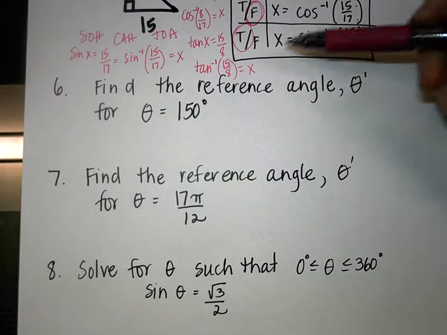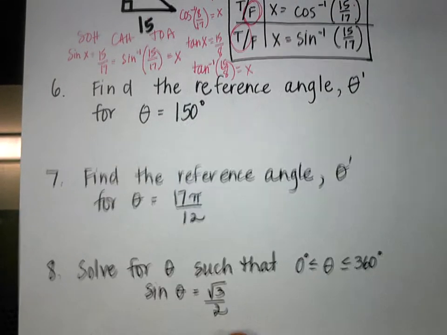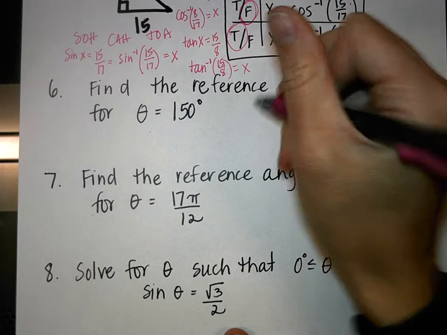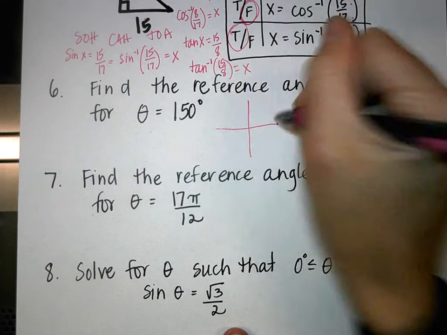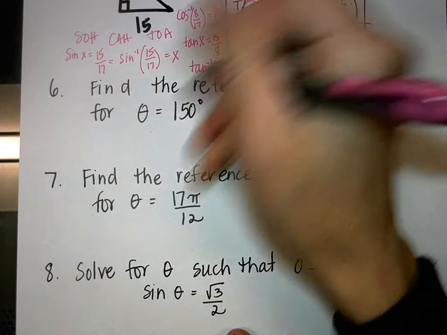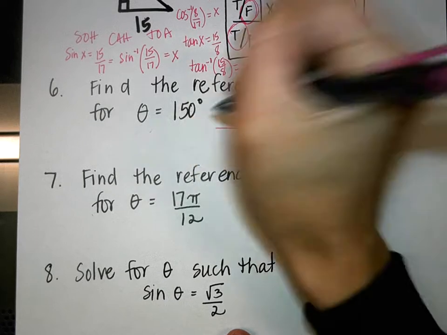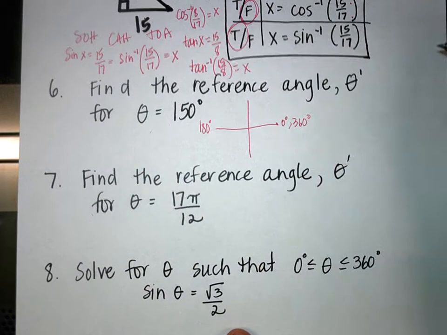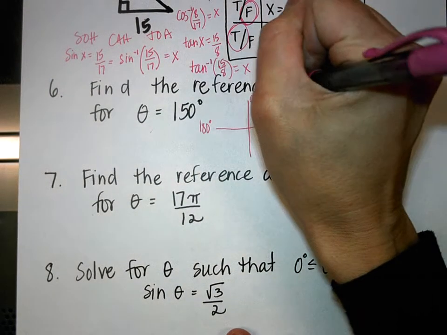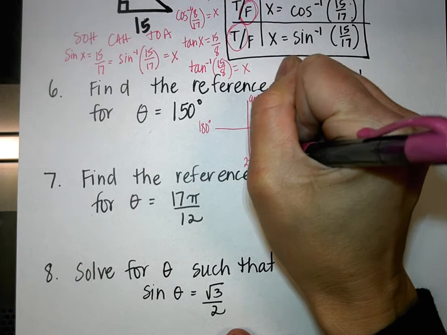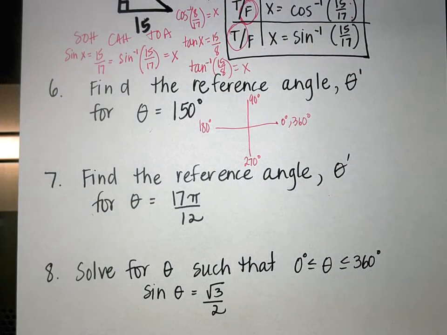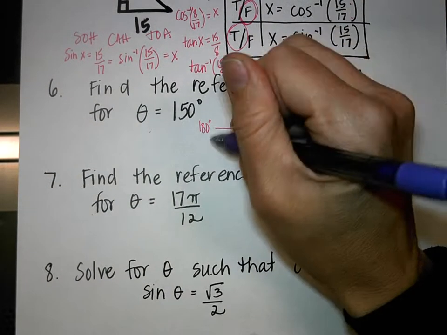Next, find the reference angle for 150 degrees. If we were to draw this, if we look at our coordinate plane, this is 0 degrees and 360 degrees. Over here, it's 180. Half of 180 up here is 90 degrees, and here at the bottom is 270 degrees. So 150 degrees is in between 90 and 180.